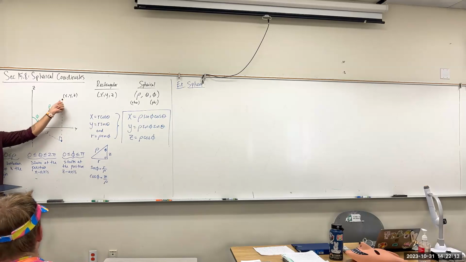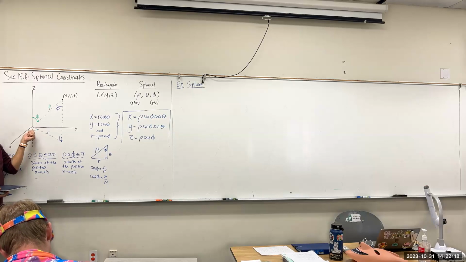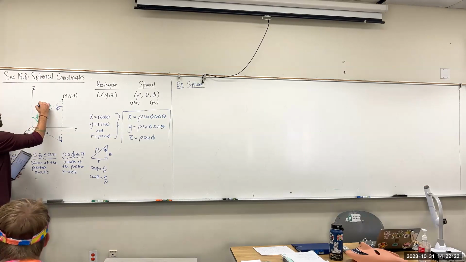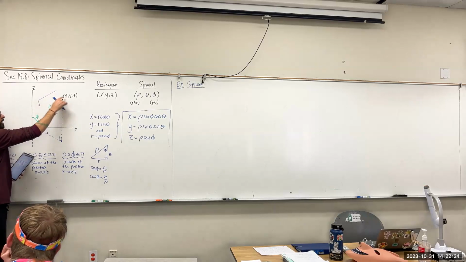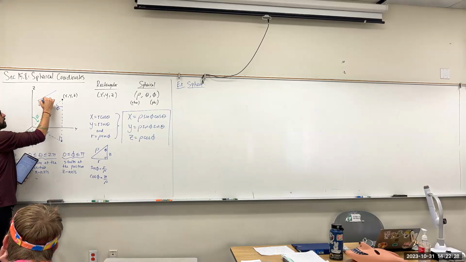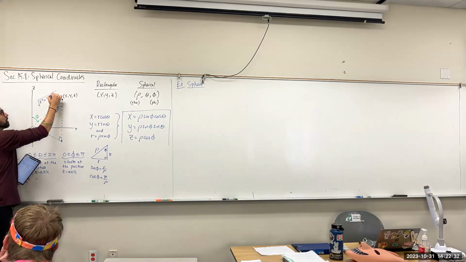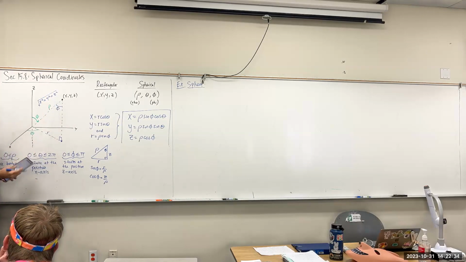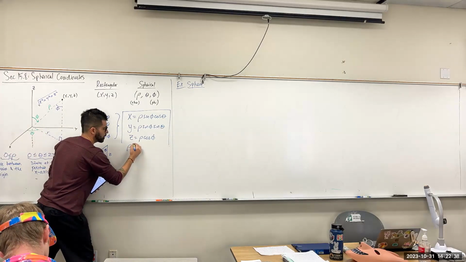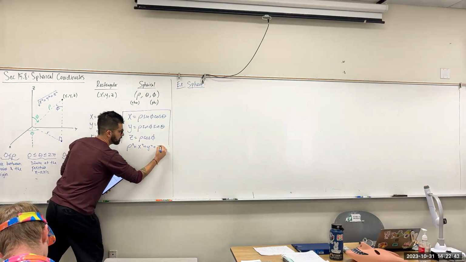how would you find it if I use the distance formula, right? Rho would equal the square root of this x coordinate minus this x coordinate, right? This y coordinate minus the y coordinate of the origin, because it's just using the distance formula. So the other conversion equation is rho squared is x squared plus y squared plus z squared.